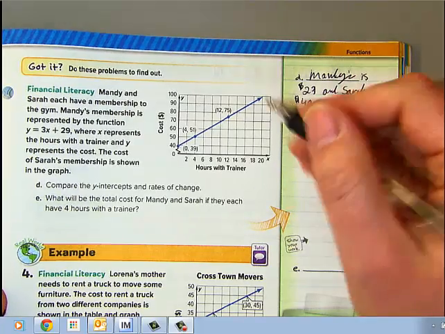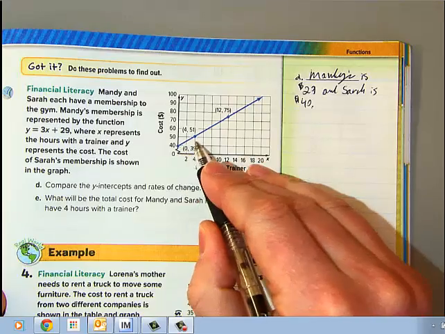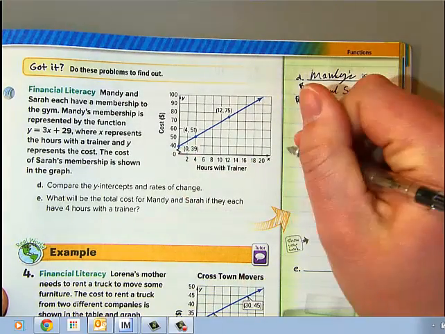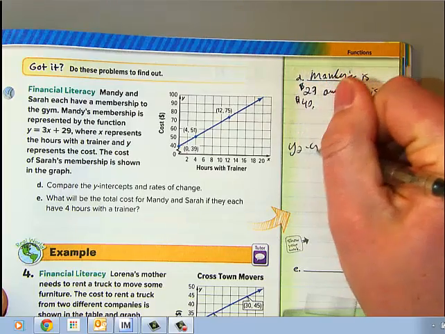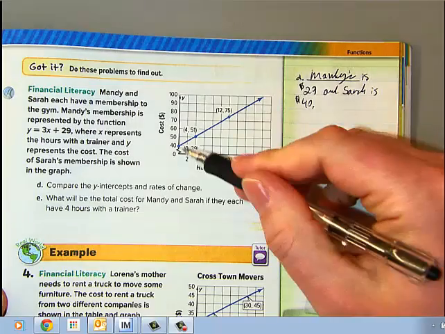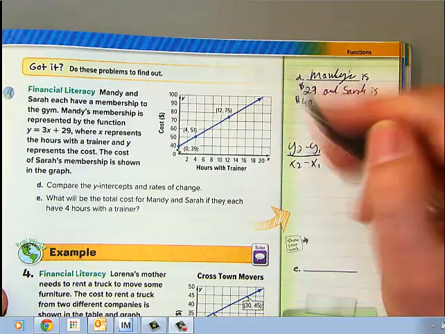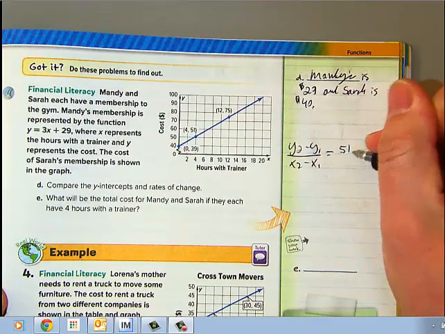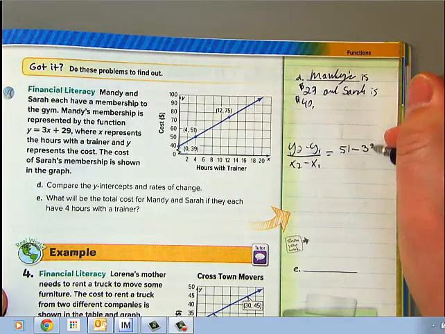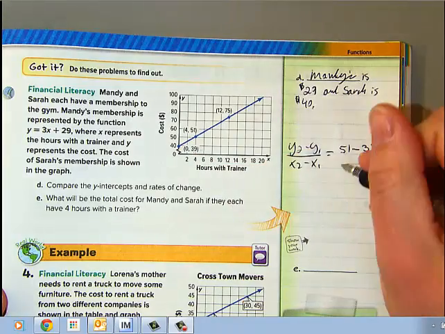Okay. Now we look at the hours with the trainer. We have 2 points here. We need to show our work for part E here. We use y2 minus y1 over x2 minus x1. First point, second point. So our y2 is 51 minus our y1, which is 39.